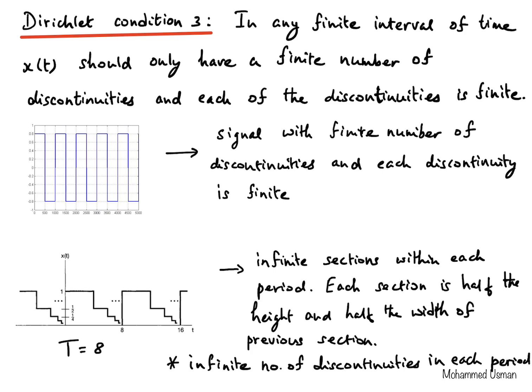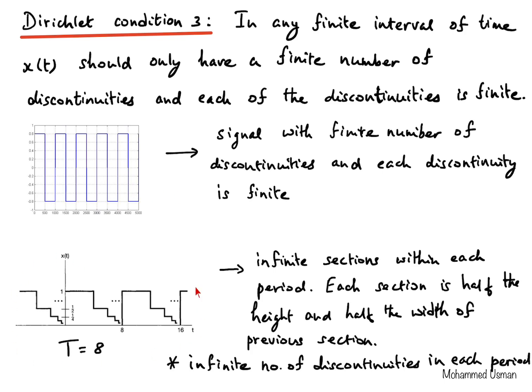So this is a rectangular waveform or a pulse waveform where we have a finite number of discontinuities in a finite interval of time. So the interval of time is finite, and within that finite interval of time we have a finite number of discontinuities. So therefore this signal can be represented in terms of its Fourier series.